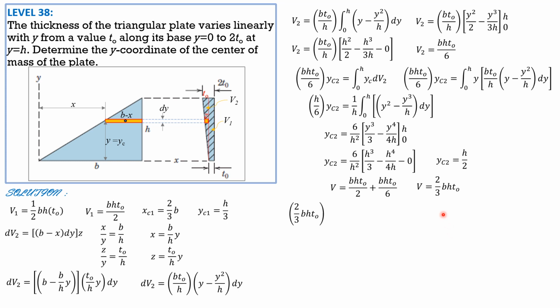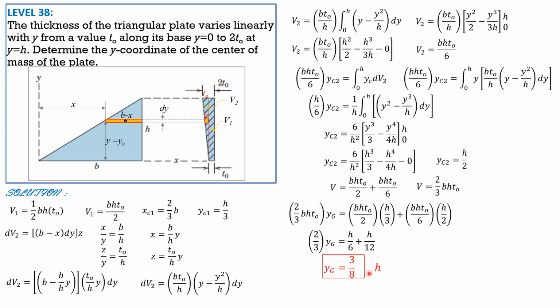So 2/3 b h t sub o times y sub G equals b h t sub o over 2 times h over 3 for volume 1, y sub c1 is h over 3, plus volume 2, which is b h t sub o over 6, and its y coordinate is h over 2. So cancelling out b h t sub o, 2/3 y sub G equals h over 6 plus h over 12. So finally we can now solve y sub G. y sub G is equal to 3/8 of h. So that's the location of the y coordinate of the centroid of this plate.